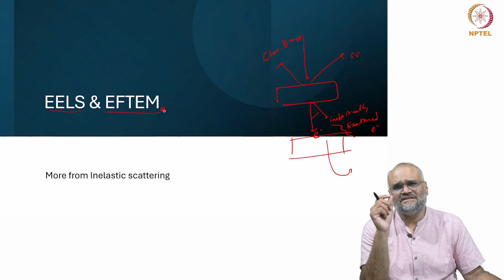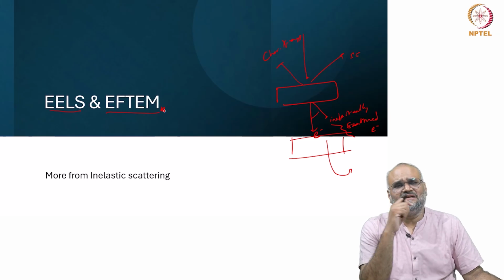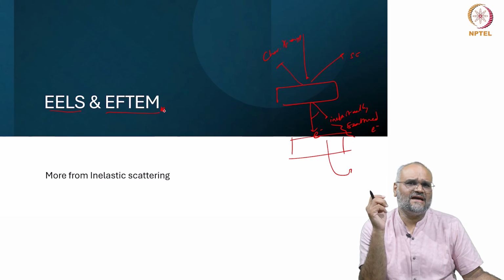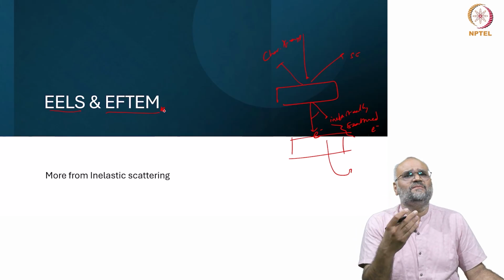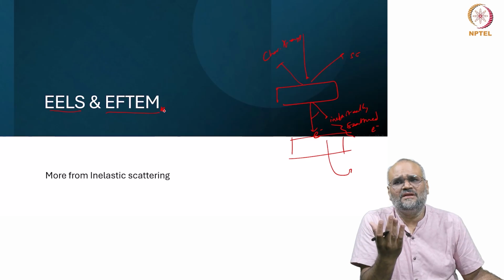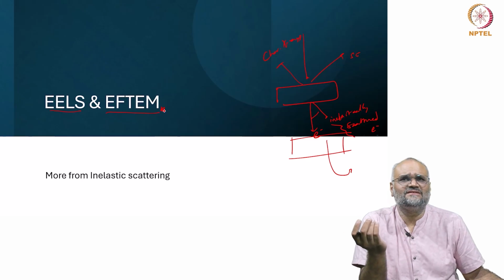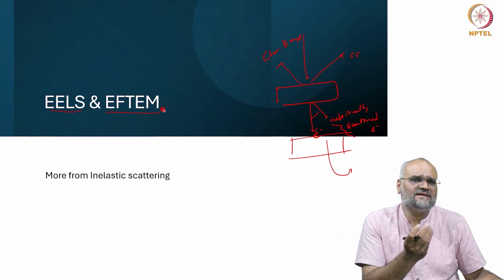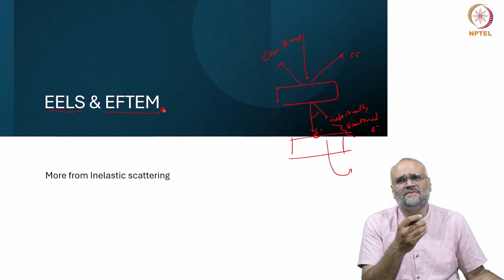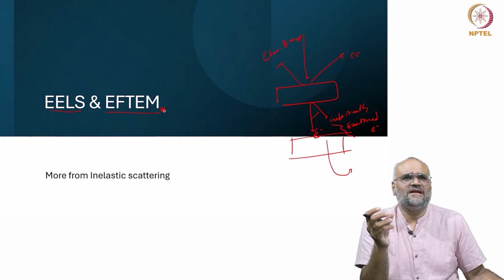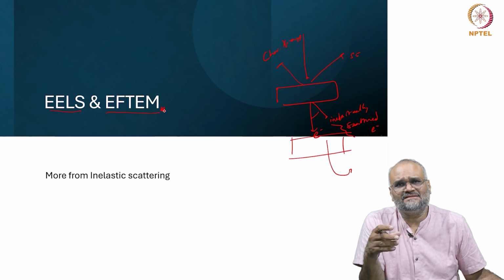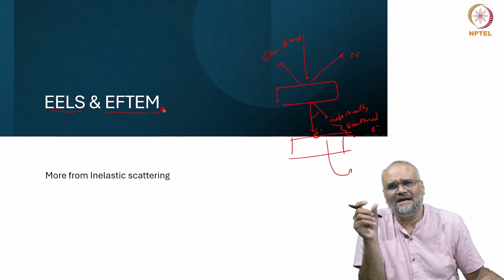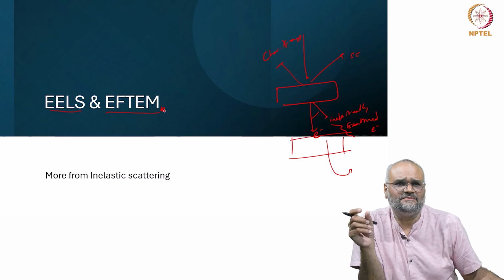The primary difference here is that energy filtered TEM, which typically depends on slightly larger angles of scatter, is somewhat like a conventional TEM image where I'm recording the entire frame at one go over a short exposure duration, which can range from a few seconds all the way to a few tens of seconds. My image is obtained primarily on the energy which the electrons have lost, collected through a slit and an energy window, and an image is formed.